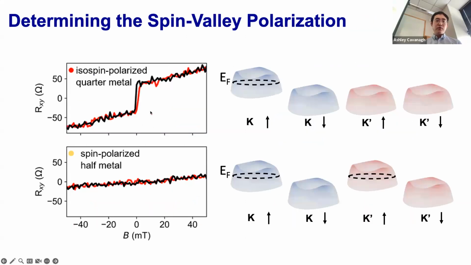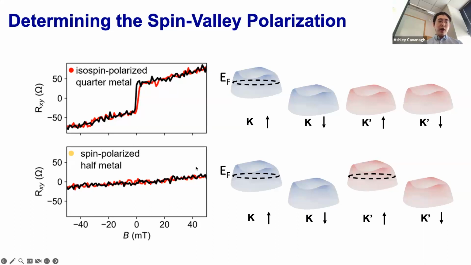For example, if we apply this measurement of RxY to a region where we see the quarter metal degeneracy, we see a jump in the RxY, okay? And the small hysteresis. So this tells us that 1 out of the 4 isospin copies is occupied, and because that species, that Fermi surface, has a finite integral barrier curvature, we have a finite RxY, and that corresponds to the experimental data I'm showing here.